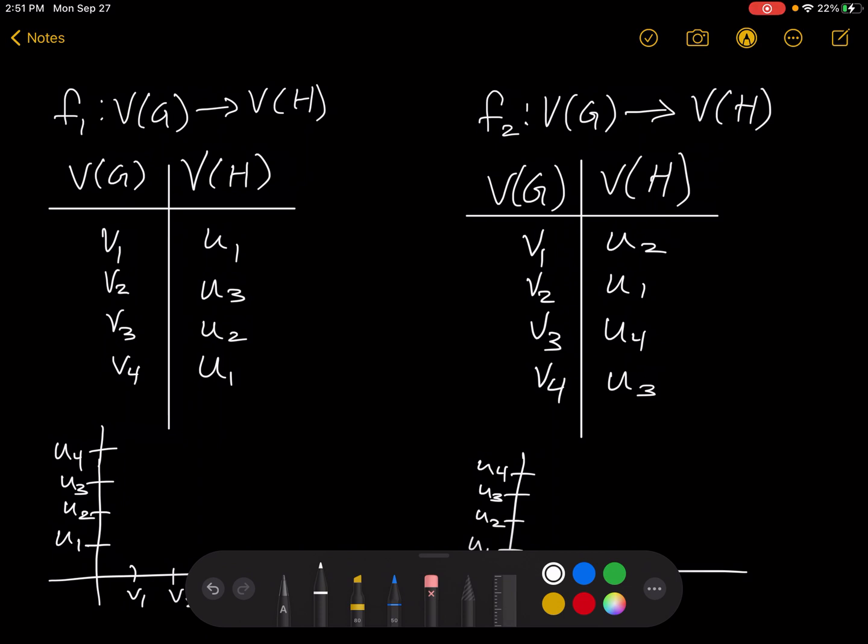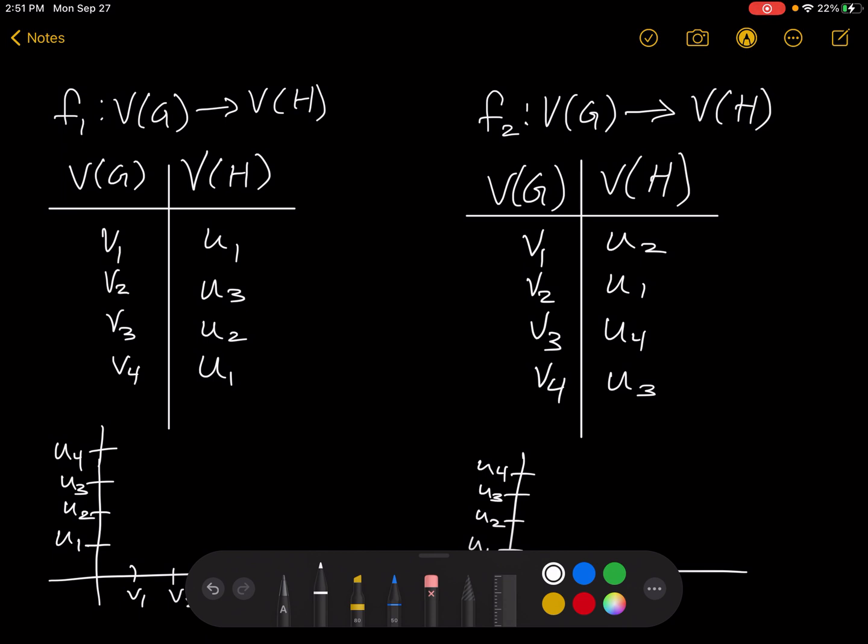Now on the left we have the function f1 from the vertices of G to the vertices of H. And we have the function f2 from the vertices of G to the vertices of H. Now, as a little review, let's determine why we know, in fact, these are functions.